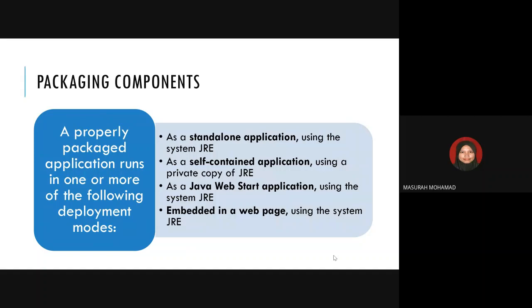It can be run as a standalone application using the JRE, or as a self-contained application using a private copy of the JRE, or as a Java Web Start application using the system JRE, or embedded in a web page using the system JRE.